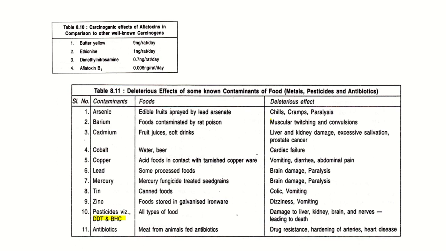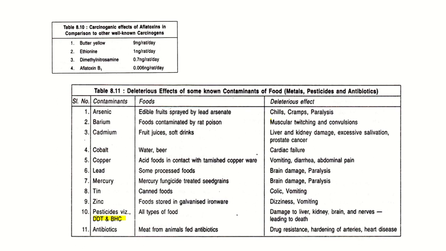Lead. Lead is also a heavy metal toxicity. This lead, Pb. Many processed foods are affected with this lead, and it causes brain damage. Sometimes paralysis is also found if you eat processed food with these contaminants. Mercury, as you know, Hg.